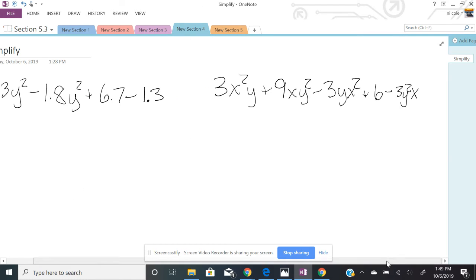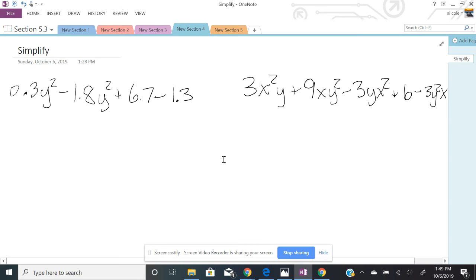All right. You're also going to get some things that look like this, and they're going to say simplify. This is where you're going to combine like terms. Like terms have to be exactly the same. So x squared is not the same as an x.